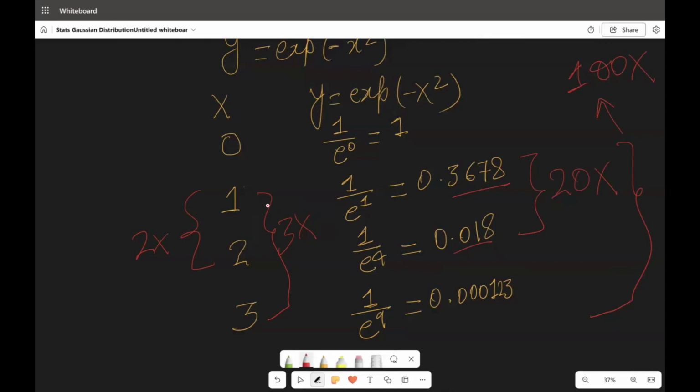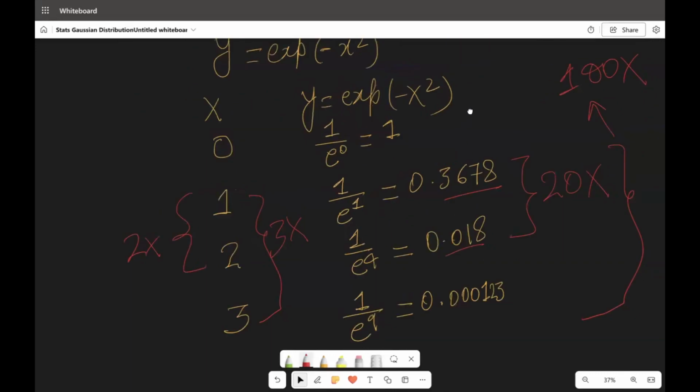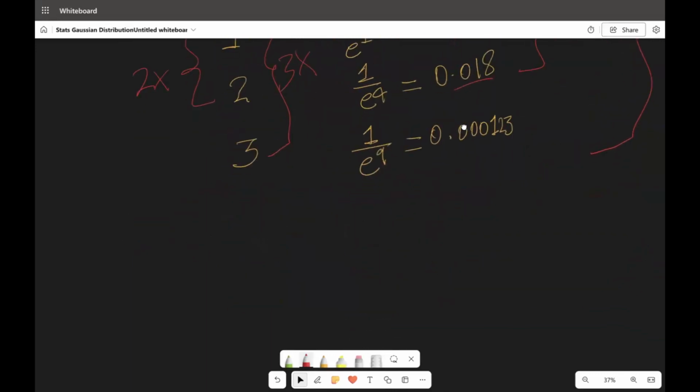When my x is increasing 3 times, my y is decreasing by 100 times. So this is a crazy high difference, right? That's what I mean when I say exponentially quadratic drop. If it would have been an exponential drop, it would not have been this severe. So the shape of your Gaussian distribution falls exponentially quadratically.